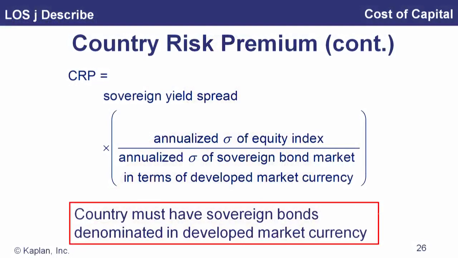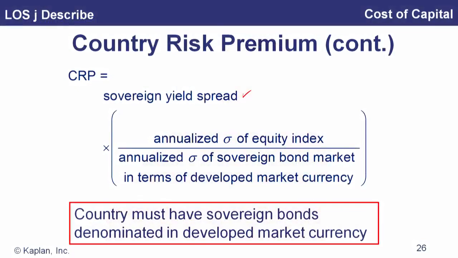Now, one way to calculate, and you don't have to calculate this, this is just one way that's suggested to come up with a country risk premium, and this is just an example of how it might be done. They start out with the sovereign yield spread. So that's on the sovereign debt of this developing country.